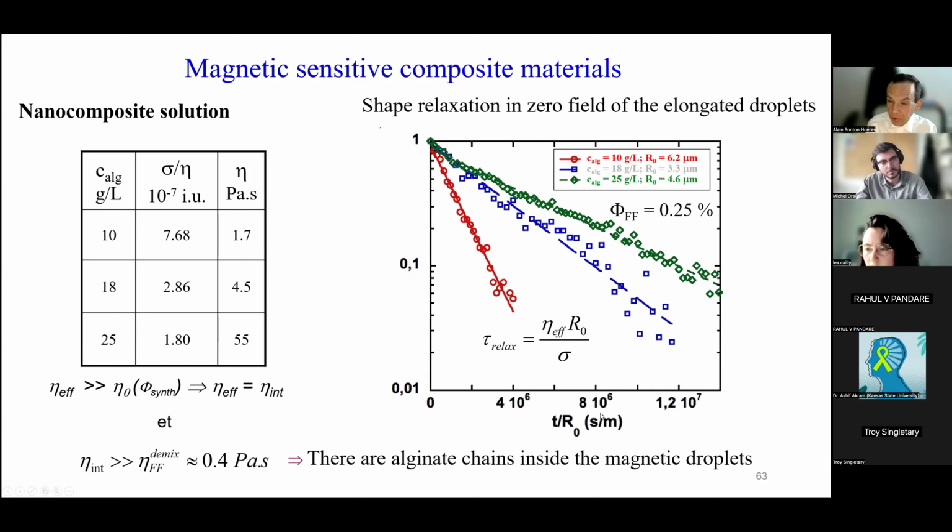We have previously determined the interfacial tension, so we can deduce from the relaxation time the effective viscosity inside the droplet. And the effective viscosity inside the droplet is much higher than the viscosity of the ferrofluid solution. So the answer is probably that we should have alginate chains inside the magnetic droplet.